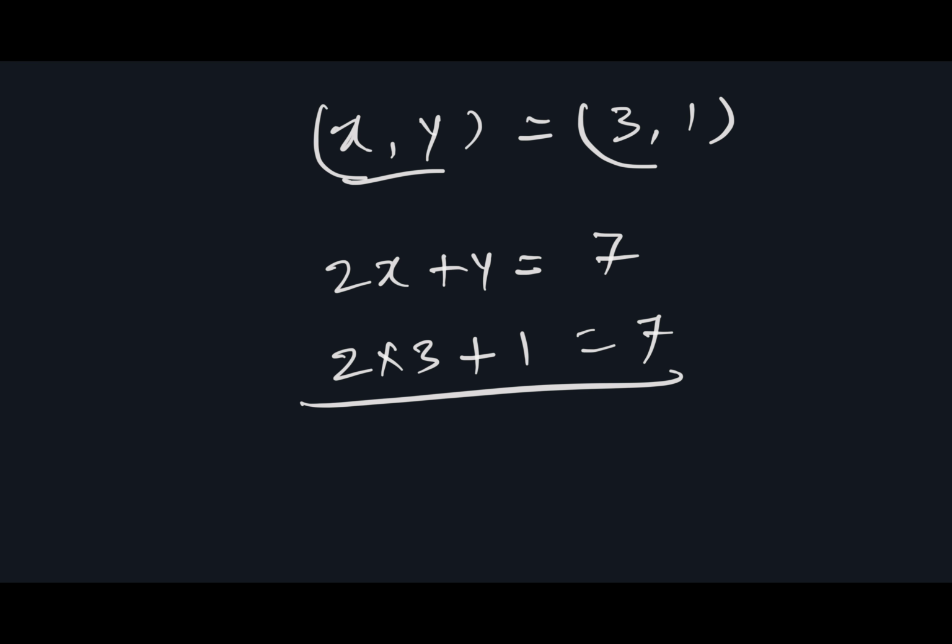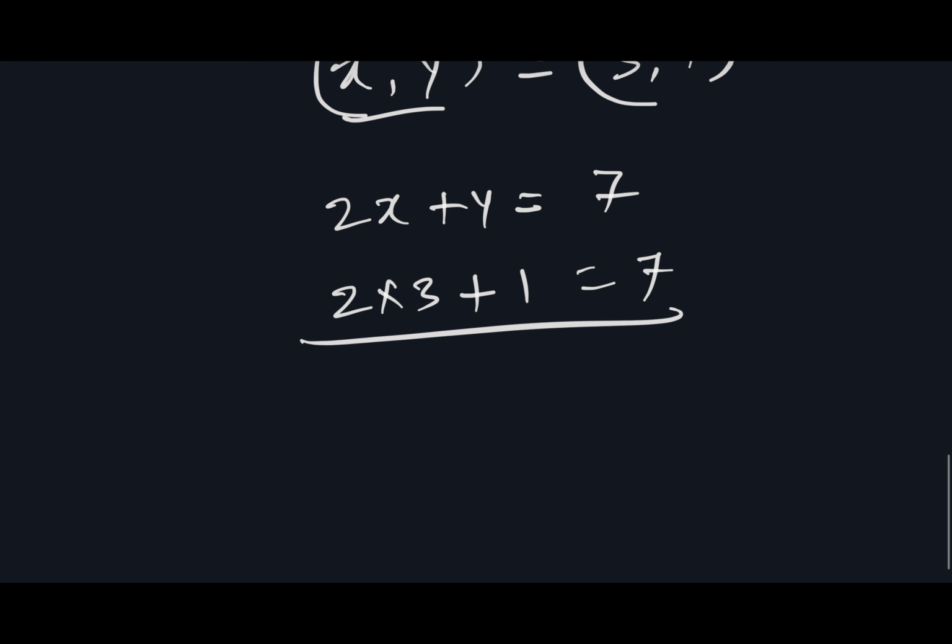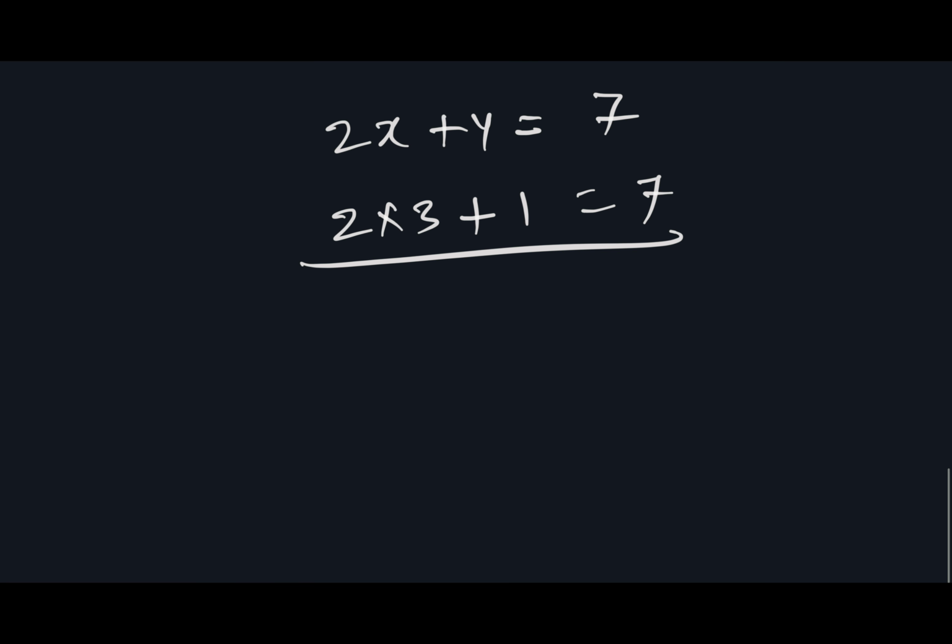Now we will put these values in equation 2 also to cross check whether our solution is right or wrong. 3x minus y is equal to 8. Now just put the values of x and y. 3 into 3 minus y, the value of y is 1 here. So it becomes 9 minus 1 is equal to 8.